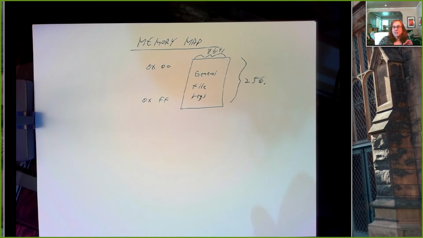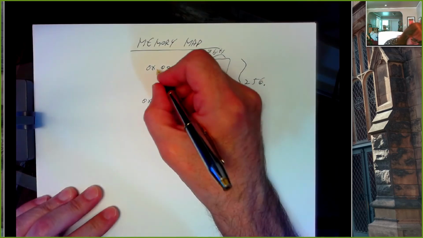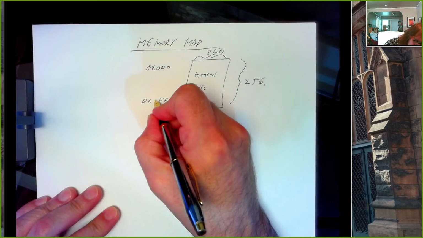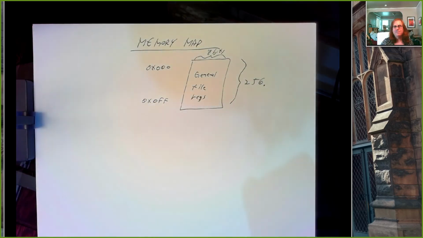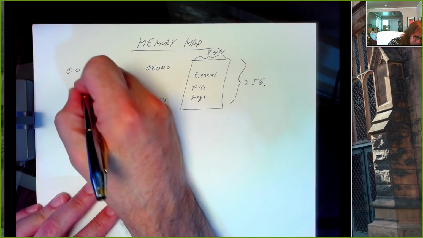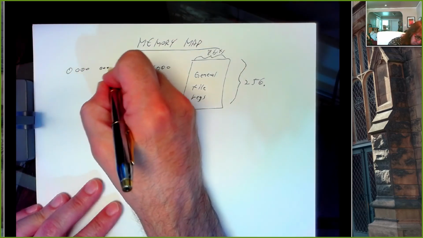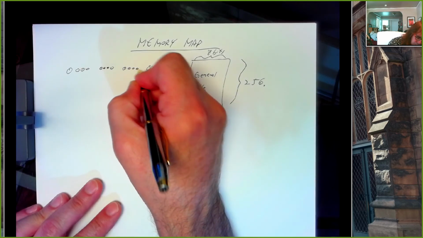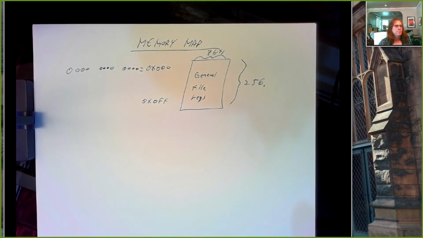But if we think of the address as being a 12-bit number, I'm going to write this as 000 through 0FF. And if I were to write this in binary, it would look like this. That bottom one is supposed to be 0xFFF, right?